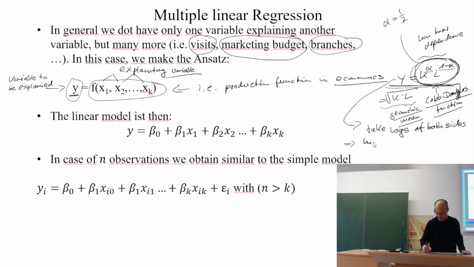because then we have log y equals log of K to the alpha, L to the 1 minus alpha. And what is this?